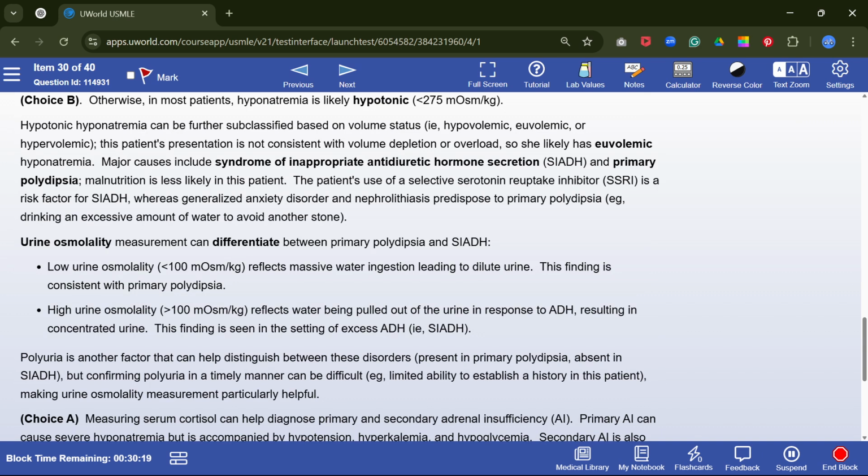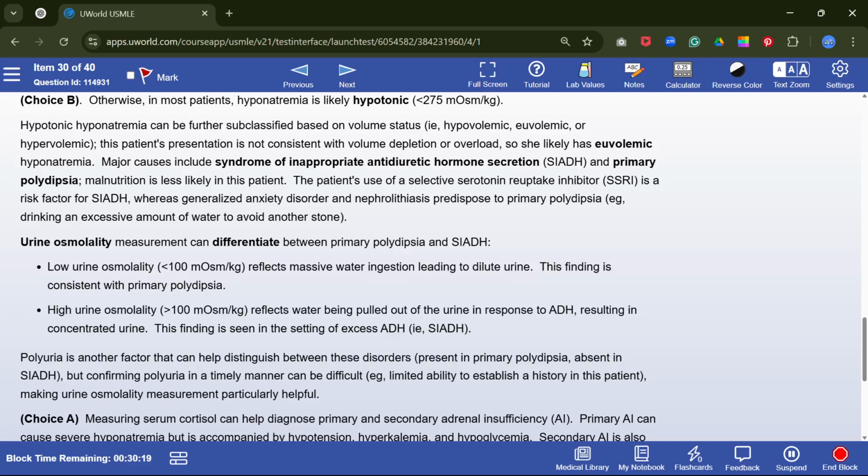So by urine osmolarity measures we can differentiate primary polydipsia from SIADH. Low urine osmolarity reflects massive water ingestion leading to dilute urine. This finding is consistent with primary polydipsia.